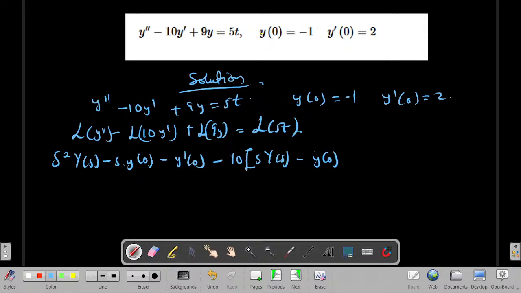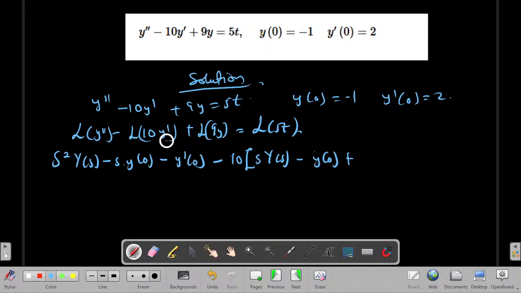So if I have this expression down, I move to plus Laplace of 9y. Here I can introduce the Laplace table. In the Laplace table we have the predetermined Laplace transforms.